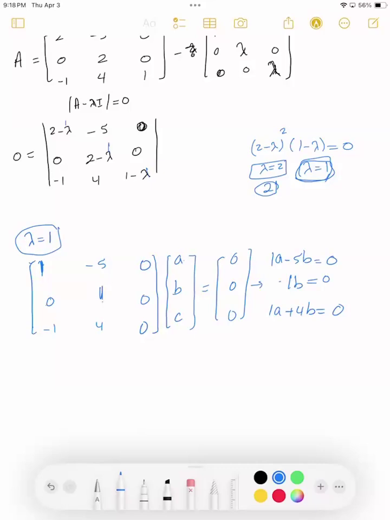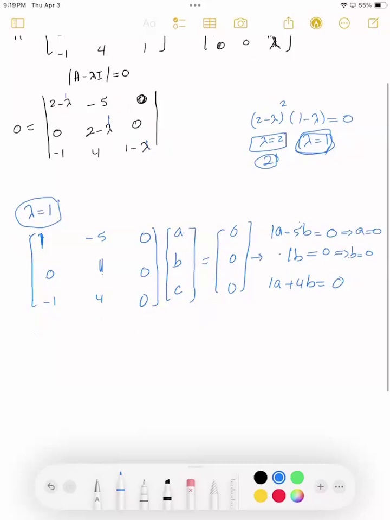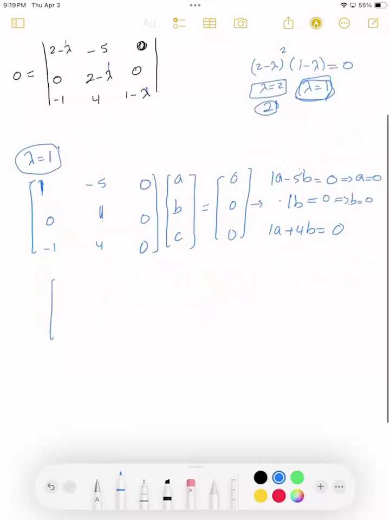So b is equal to 0. And if b is equal to 0, that also makes a 0. So then the only thing that is free is c. C is the free variable, so c can be anything, or c is equal to 1.